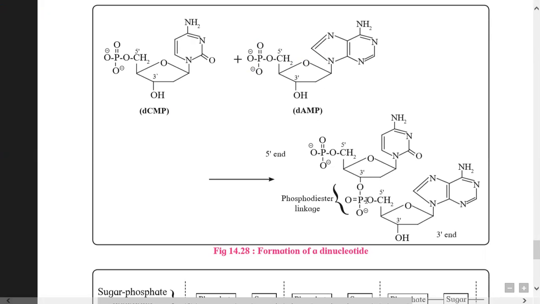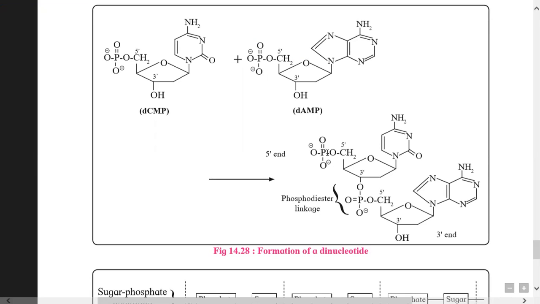Phosphodiester linkage, and this is the formation of a dinucleotide. Like this, many nucleotides join together to form a polynucleotide, and that is RNA or DNA, depending upon whether the second position OH group is present or not.